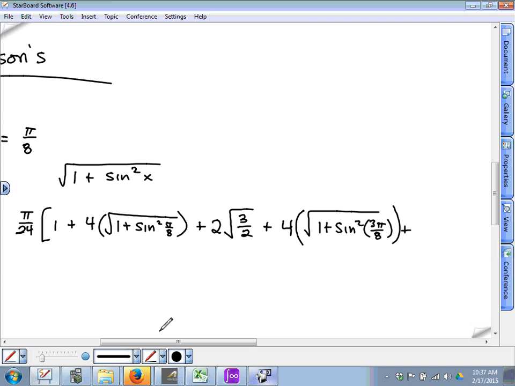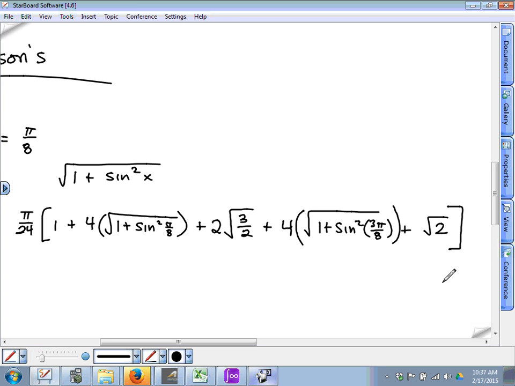Sine of pi/2 is 1. You guys following? At this last interval, the sine of pi/2 is 1. What's 1 squared? 1. 1 plus 1 is 2, so it's the square root of 2. Okay.